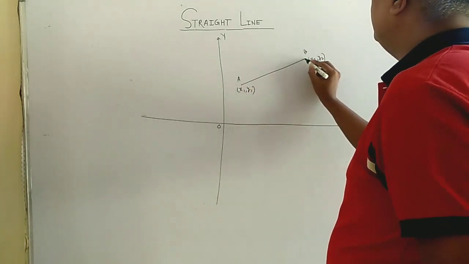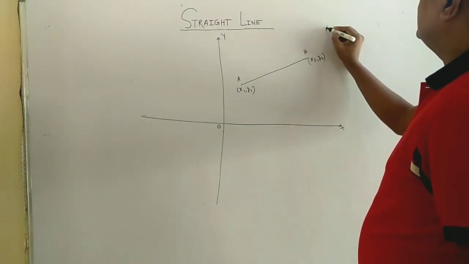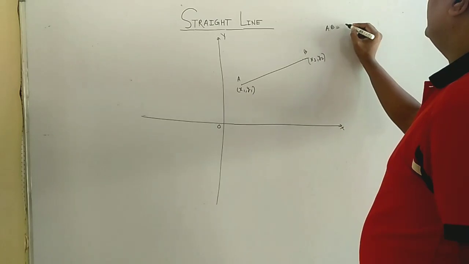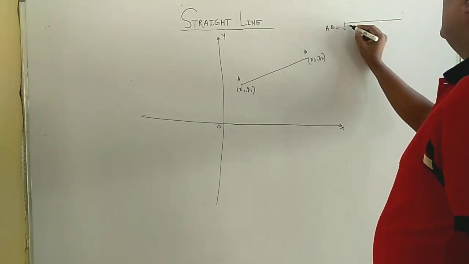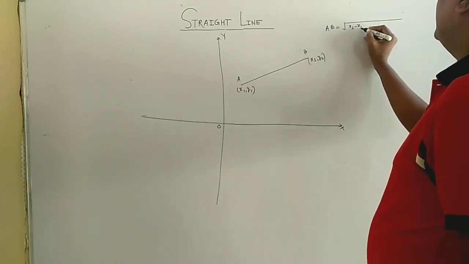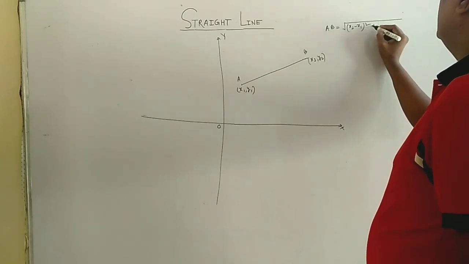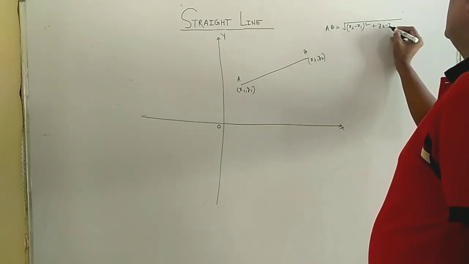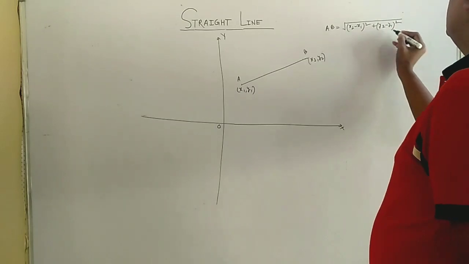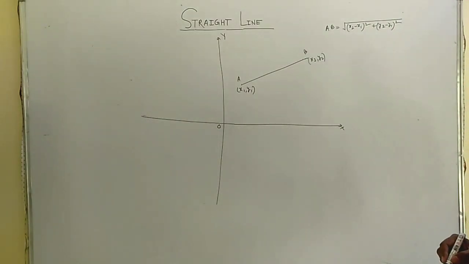If you join them, then you can find the distance using the formula AB equal to under root x2 minus x1 whole square plus y2 minus y1 whole square.